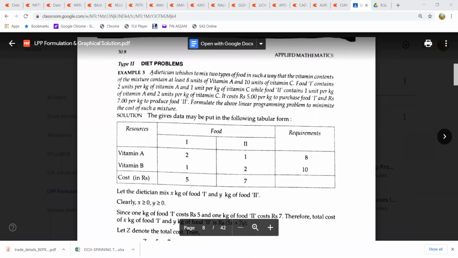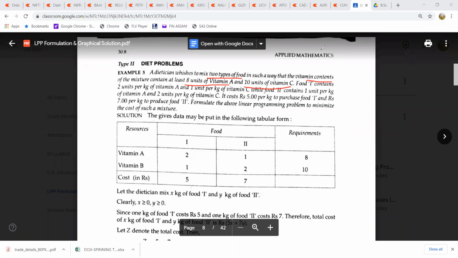Now see, a dietitian wishes to mix two types of food in such a way that the vitamin contents of the mixture contain at least 8 units of vitamin A and 10 units of vitamin C in food.